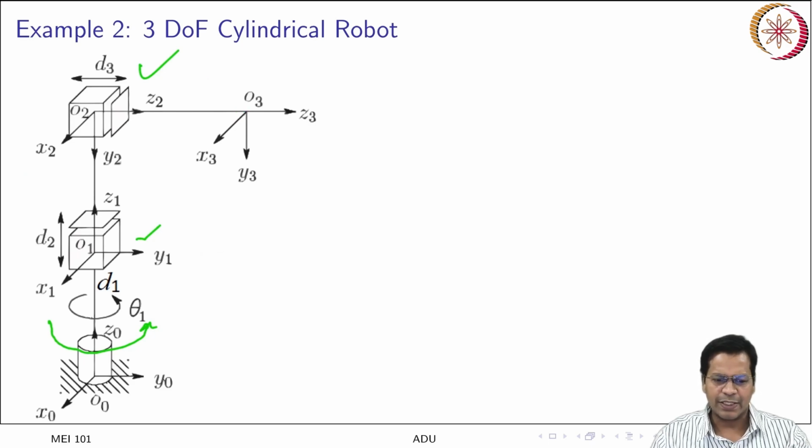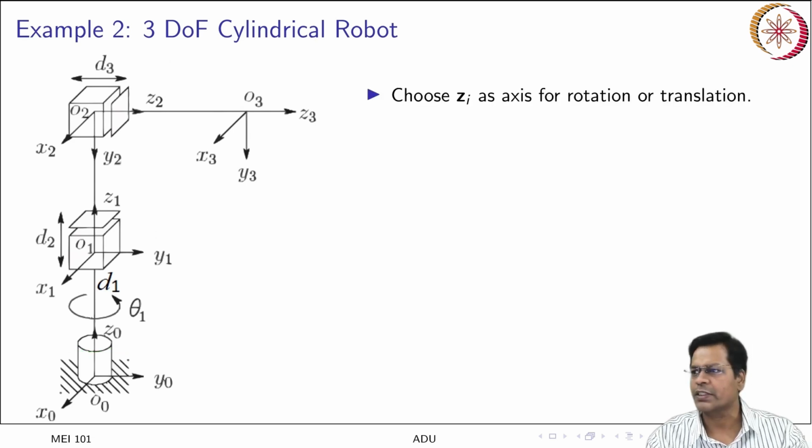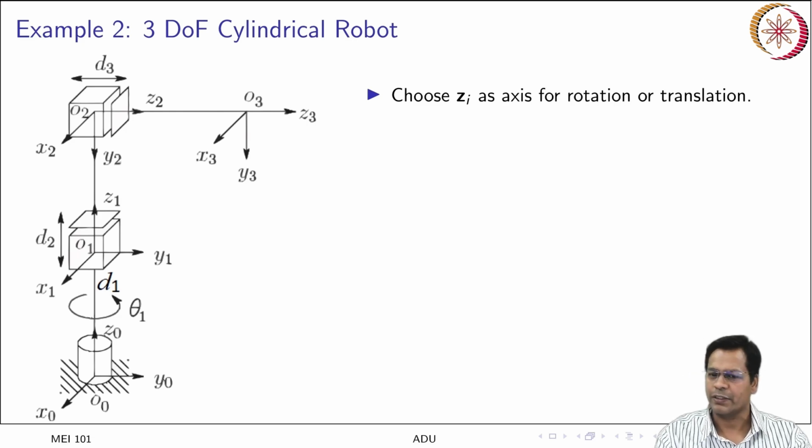Quickly we can place z axes along the motion axes. That is the first thing you should do: choose z i as the axis for rotation or translation. Even if it is a rotation axis, we put the first axis like this. This is your first axis, that becomes your z0.